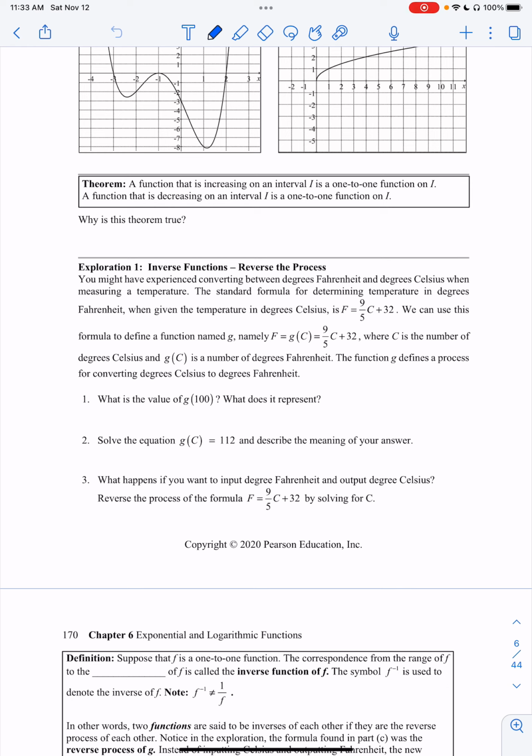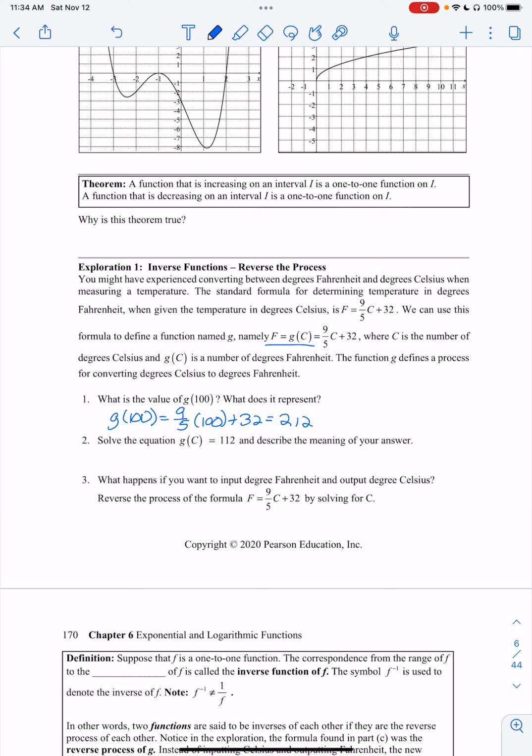So we need to find G of C, which is equal to our degrees Fahrenheit. So if I want G of 100, what I'm looking at is 9/5 times 100 plus 32, which is going to be equal to 212.